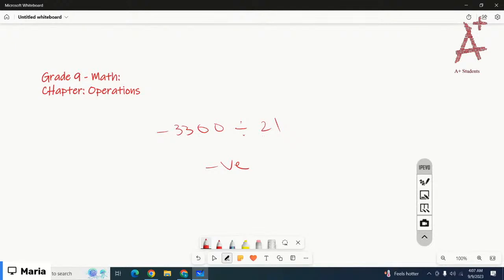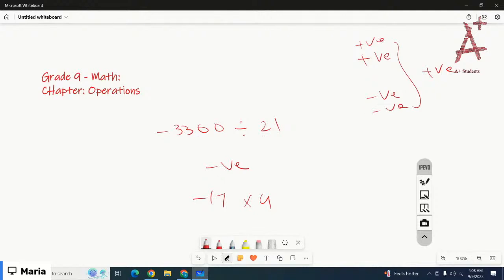The next one is when you multiply two numbers. For example, you are multiplying a positive and a negative integer. You have to apply the rule. The rule is, if both numbers have the same sign, that means both are positive or both are negative, the answer must be positive.